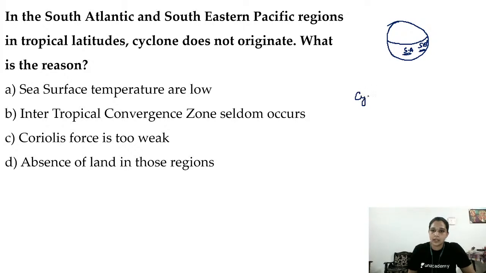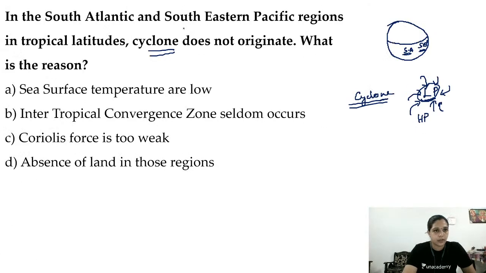So when does a cyclone occur? A cyclone occurs when there is a low pressure area and a high pressure area, so the wind moves inside the low pressure area. That's what we call a cyclone. When there is an absence of a low pressure area, we don't have cyclones occurring. So what is the reason for this?